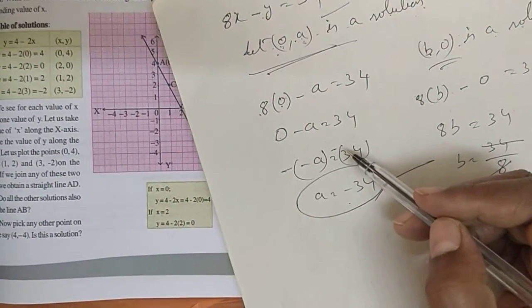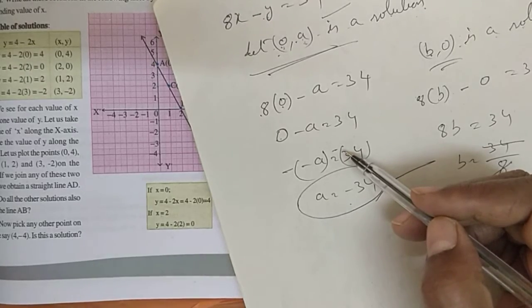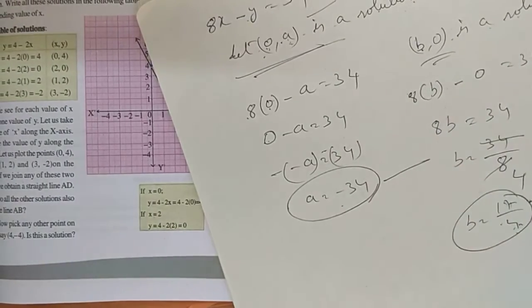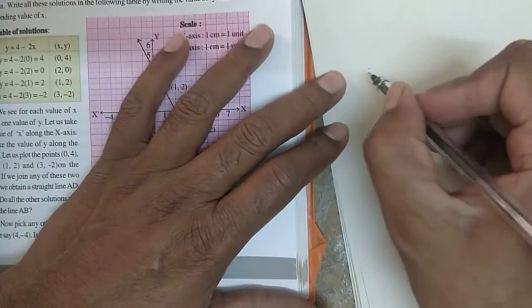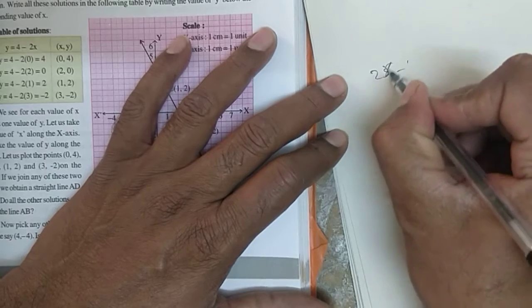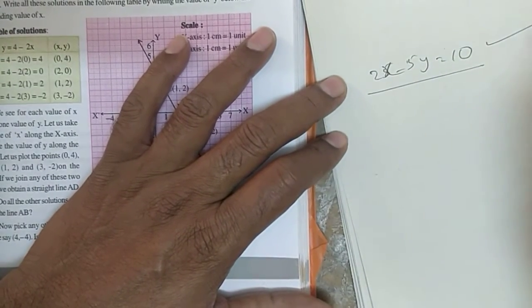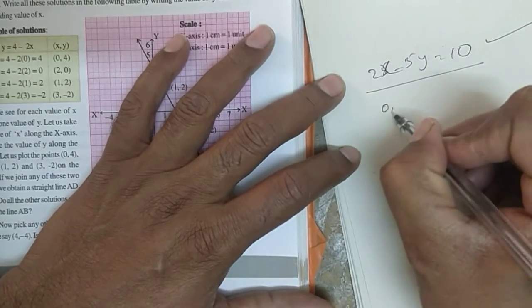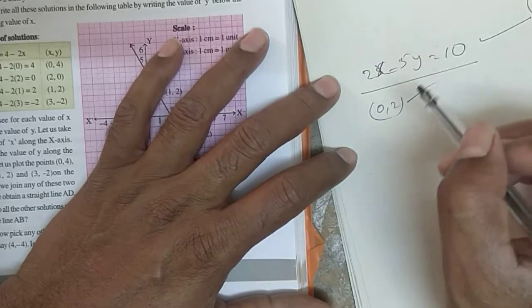Like this you have to write the values of a and b. Okay, now if you go for the third, check whether the following is a solution of the equation 2x minus 5y is equal to 10. So 2x minus 5y is equal to 10 is the equation given here. He is asking whether (0, 2) is a solution or not. You should check it.